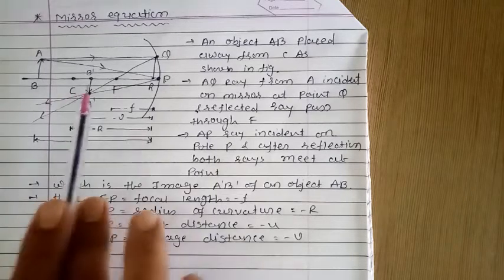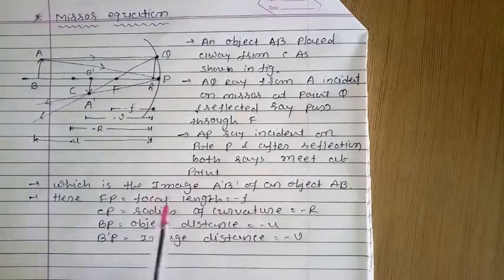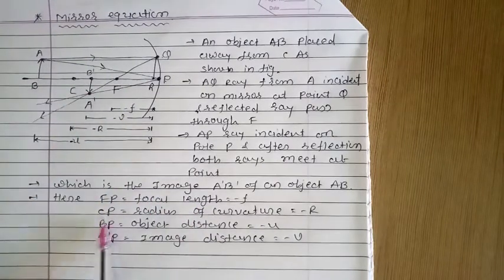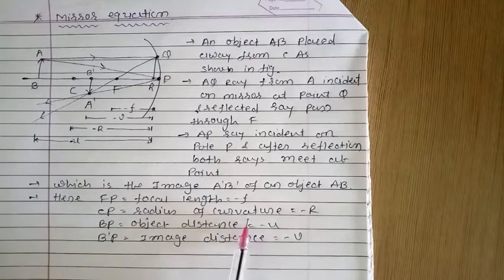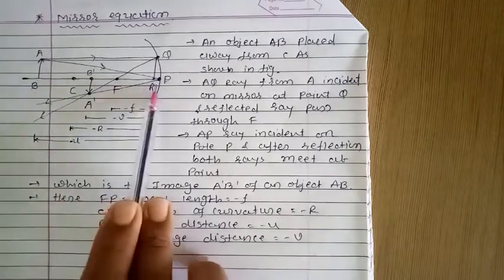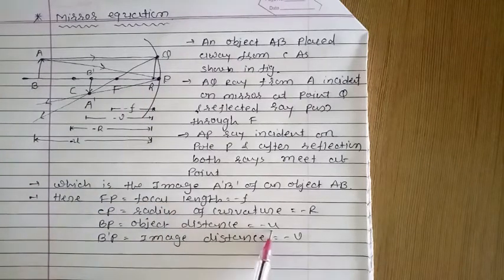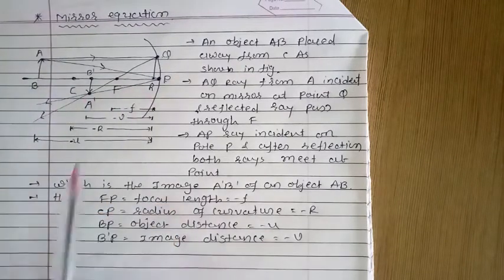So here FP is the focal length, small f, CP is the radius of curvature, minus r, BP the object distance, minus u, and B dash P the image distance, minus v.